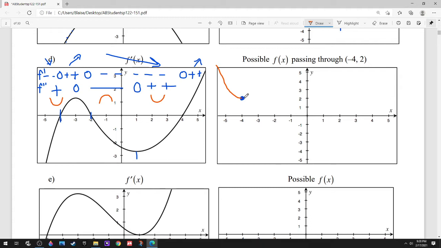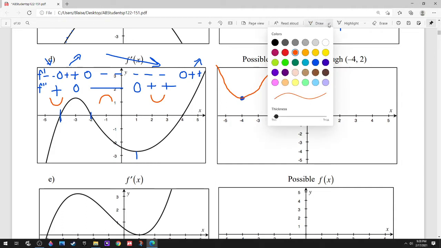So I'm going up, up, up, except it's not just straight up, because it says that at -3, we change from happy to sad. All right, so see how it's curving up and then curving down.